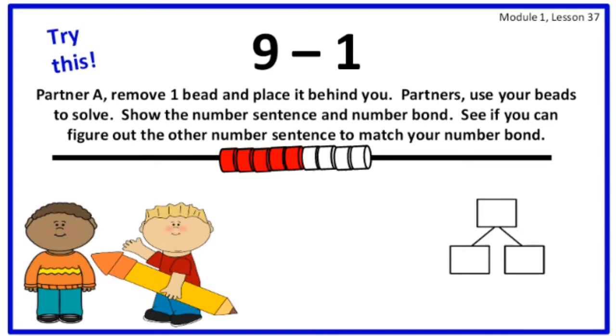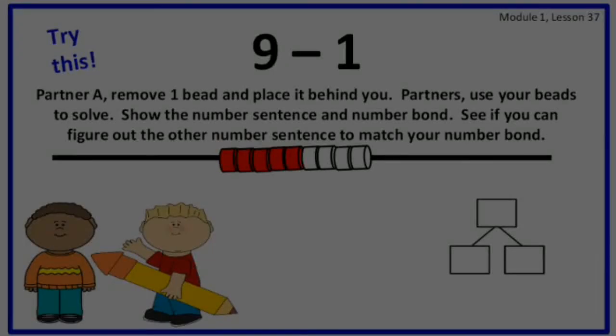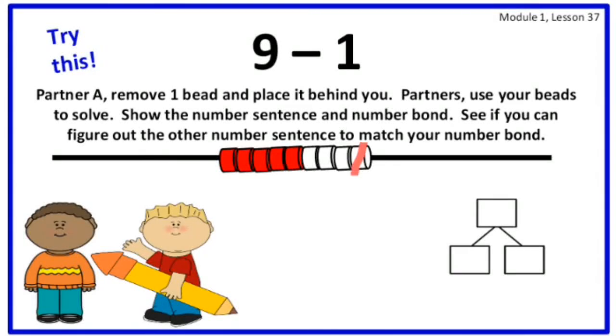I'm going to cross out how many? 1 from my 9 beads. So let me cross out. Yes, I've crossed out 1 from my 9 beads. Now they said, how many is left? Let's count. 1, 2, 3, 4, 5, 6, 7, 8.